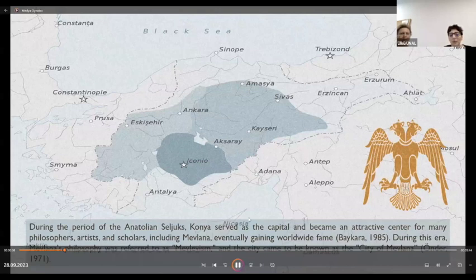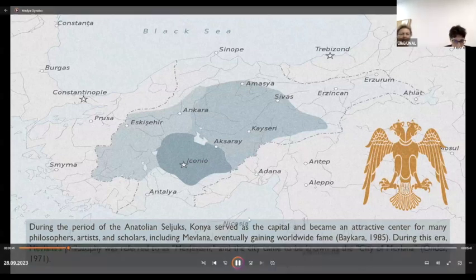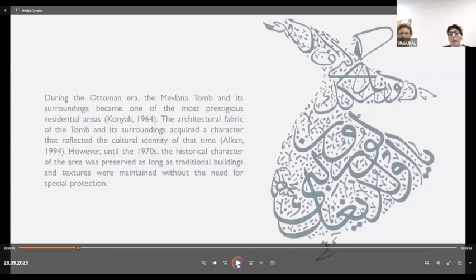During the period of Anatolian Seljuks, Konya became an attractive center and came to be known as City of Mevlana. And during the Ottoman era, the Mevlana tomb and its surroundings became one of the most prestigious residential areas.